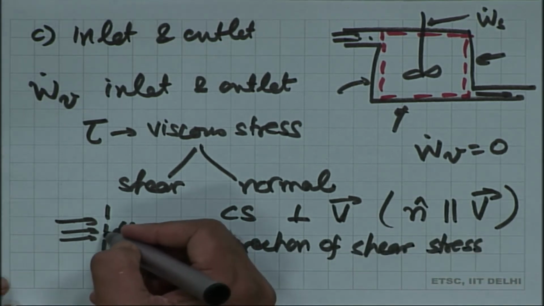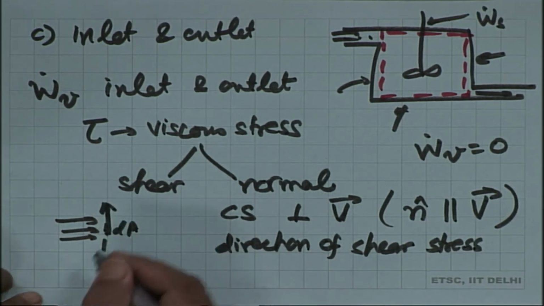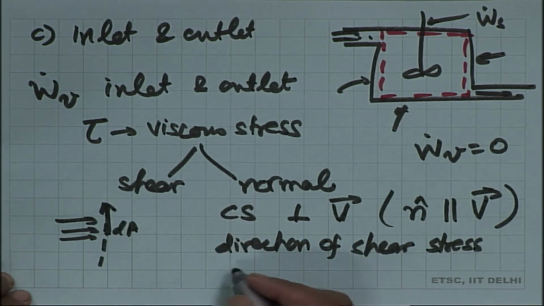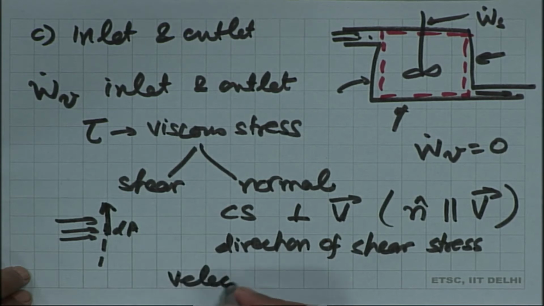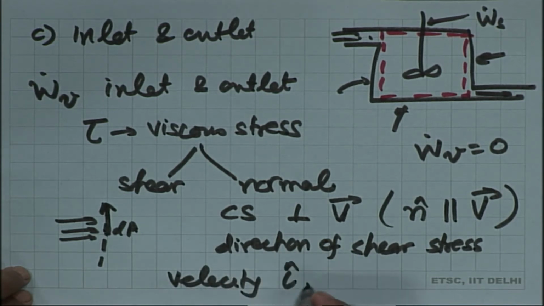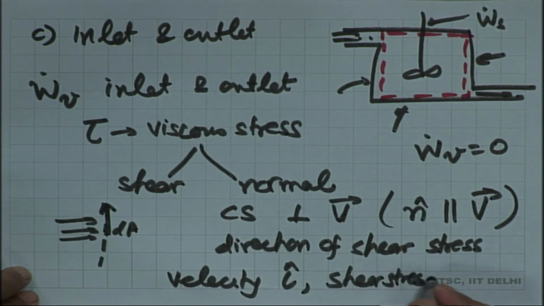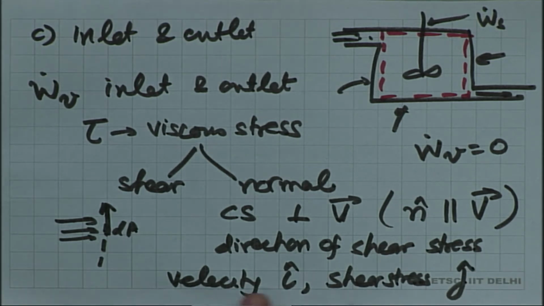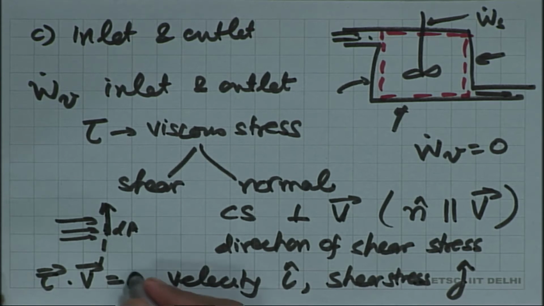If I am looking at a two dimensional case, velocity is in the i direction and the force due to shear stress will be in the j direction. When I take the product of tau dot V, they will be mutually orthogonal.